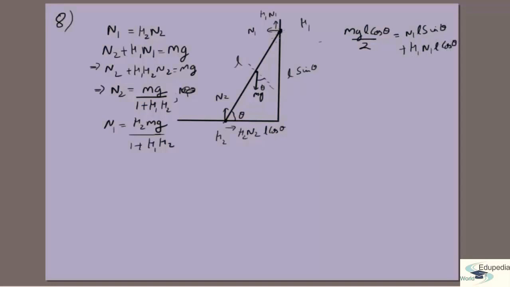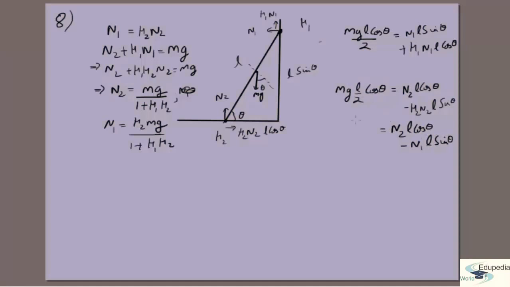Similarly, the equation about this point will be, for mg, mg L by 2 cos theta is equal to, now mg has a torque in the anti-clockwise direction with regards to this point, and N2 has one in the clockwise direction, but mu2 N2 is in the anti-clockwise direction, so that will have a negative sign. So this is equal to N2 L cos theta minus mu2 N2 L sin theta, and mu2 N2 we can directly write as N1. So this equation is N2 L cos theta minus N1 L sin theta.